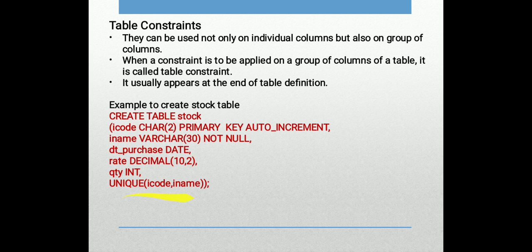So this is known as a table constraint. Here we create a stock table with the columns icode, iname, date of purchase as dtpurchase, rate, and qty for the quantity, and item code and item name must be unique together.